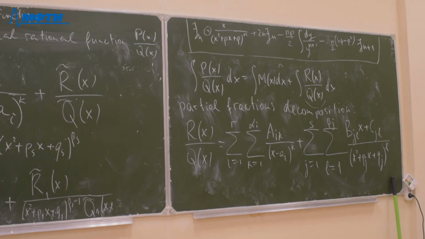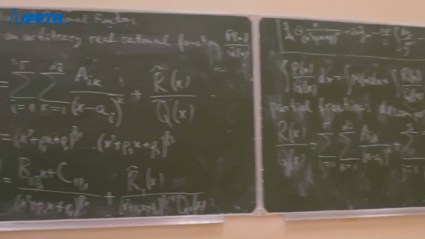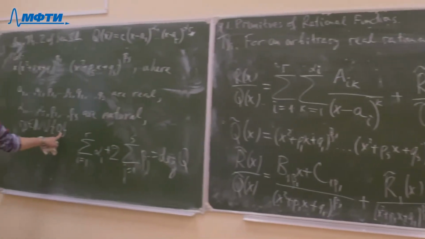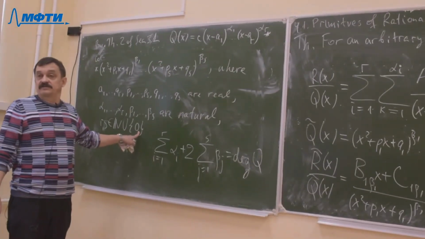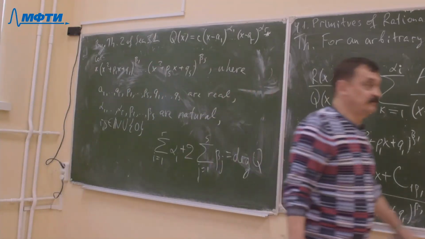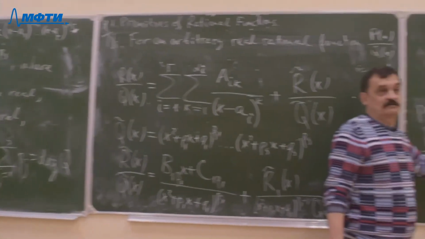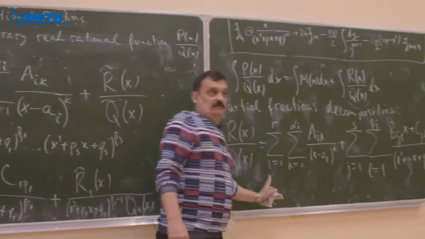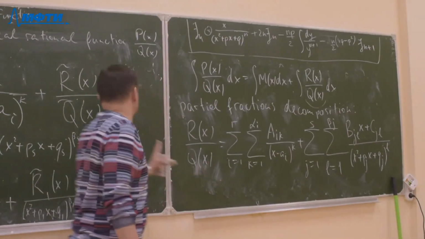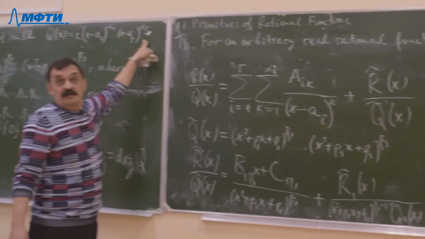Of course, what happens if r or s equals 0? Because some of them can be 0, right? Then what happens if, let's say, r equals 0? No first sum, right? R equals 0 means that our polynomial has no real zero.